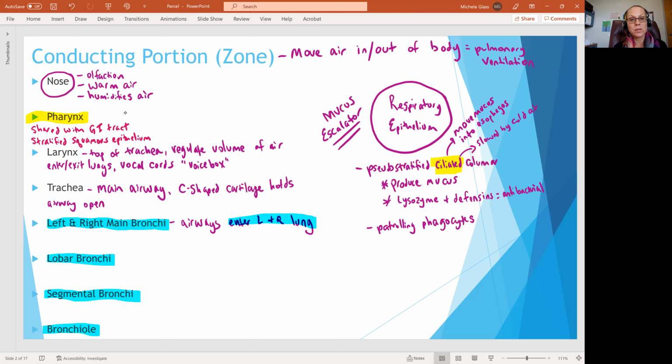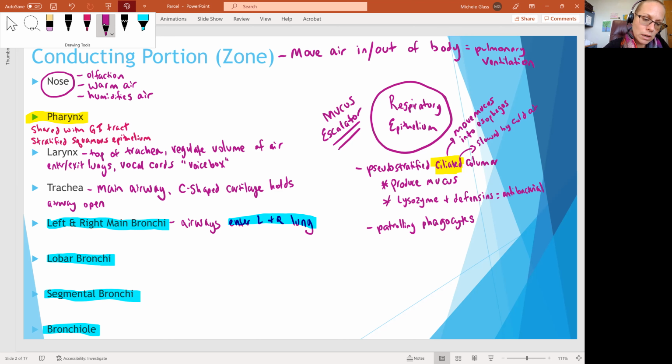When we talk about the left and the right main bronchi, we're getting smaller and smaller and smaller. So we no longer get those C-shaped cartilages, but we get cartilage plates. So the left and right main bronchi are held open by that cartilage. And then we see the lobar bronchi and the segmental bronchi are branching smaller and smaller tubes.